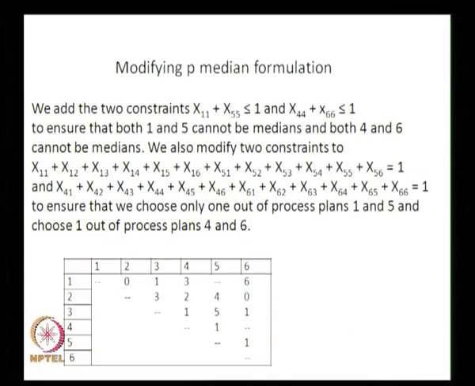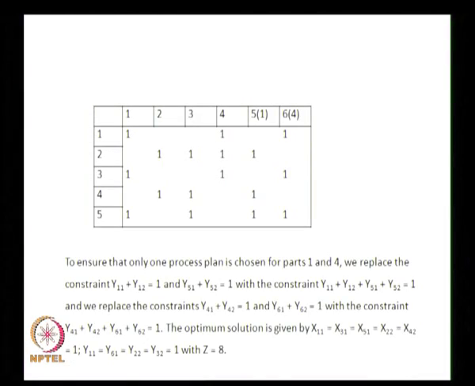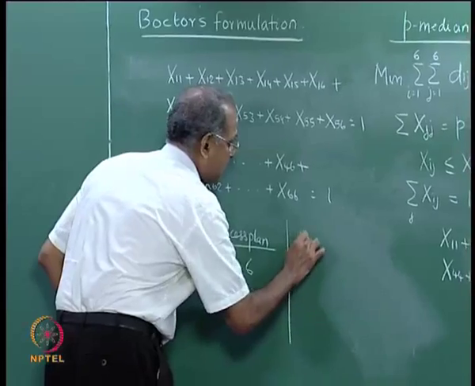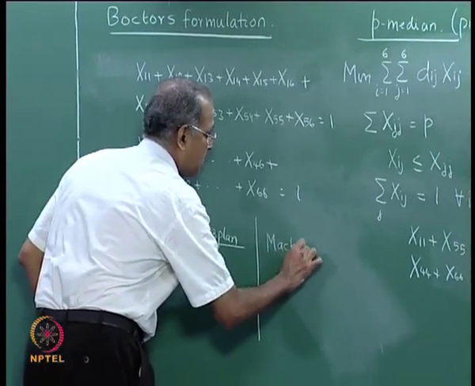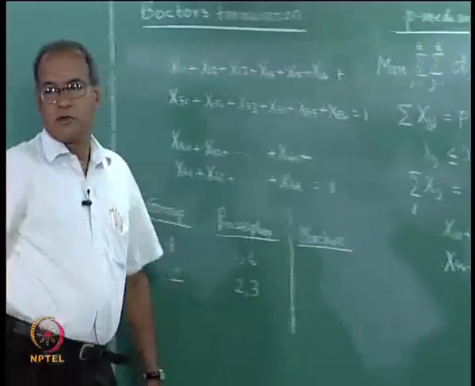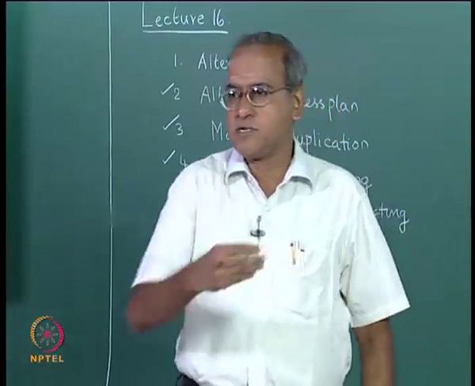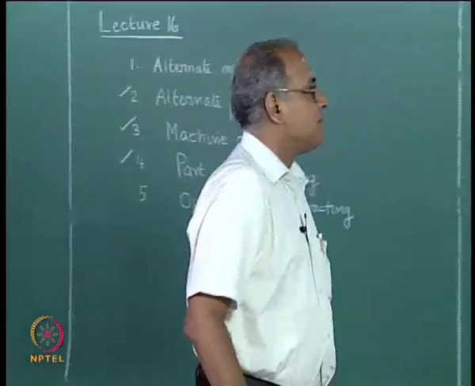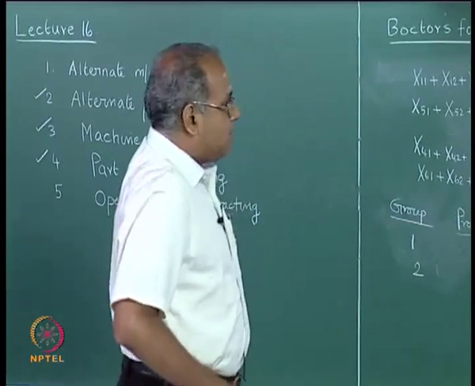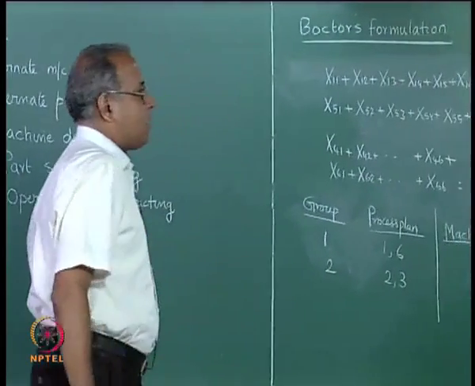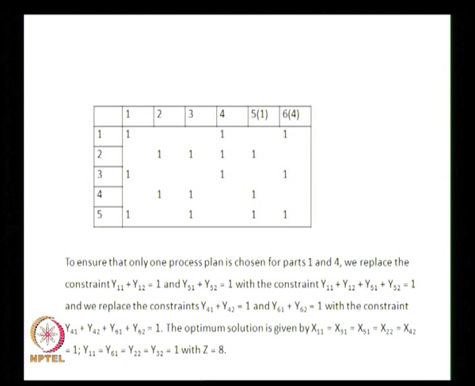Now, once the part families or process plan families are chosen, you can apply the machine allocation rule to allocate machines based on the chosen process plans. So, now we go to machines.